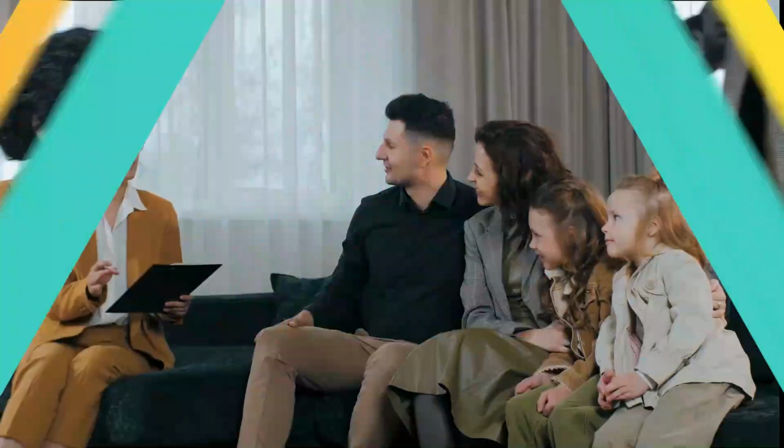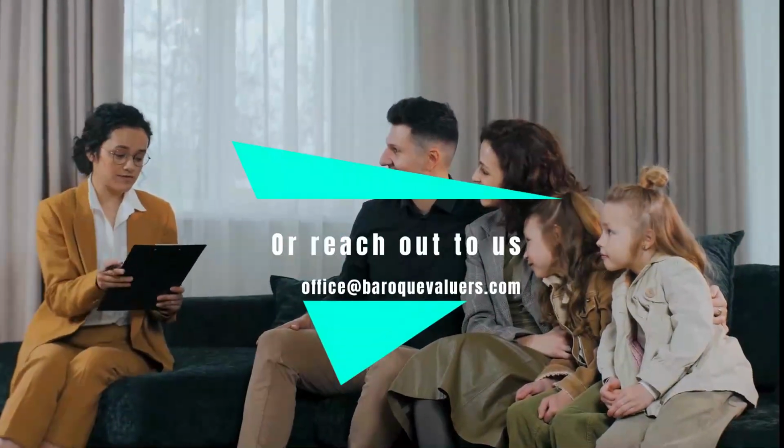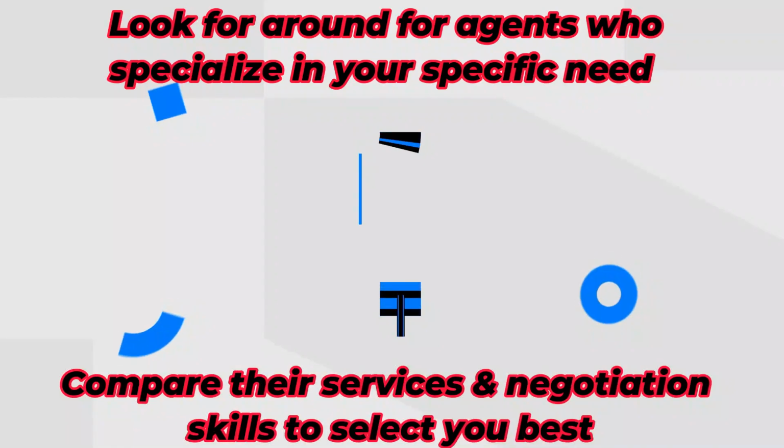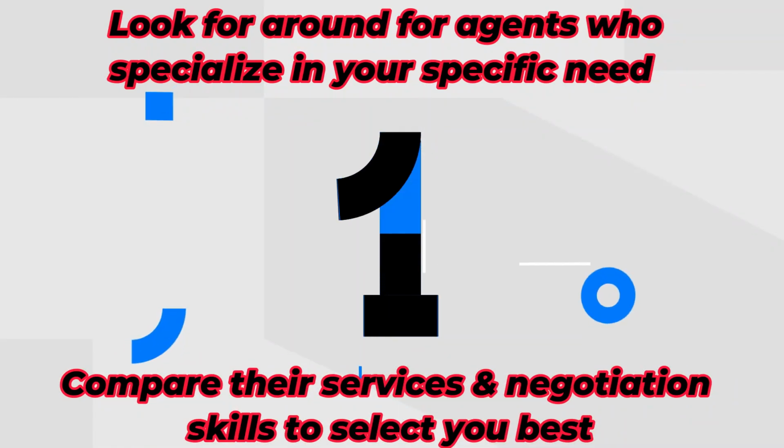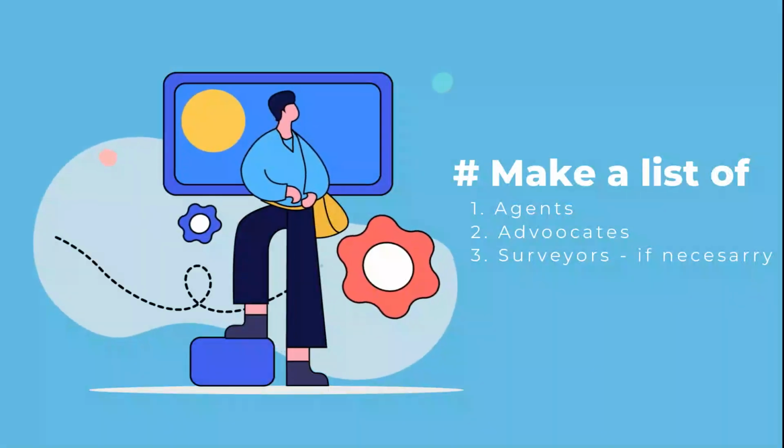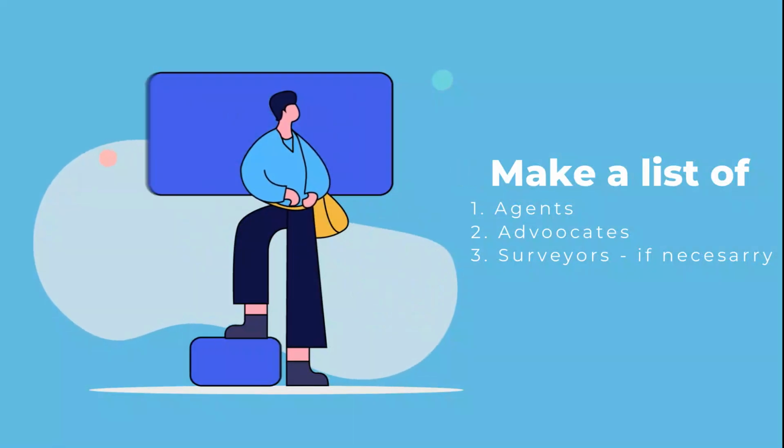Okay, so I'm going to classify them into numbers. Number one is you have to do some research and comparison. This is with regards to the professionals you're going to engage with. You have the agent, you have the advocates, maybe a surveyor if necessary.